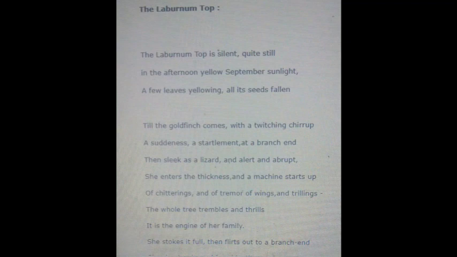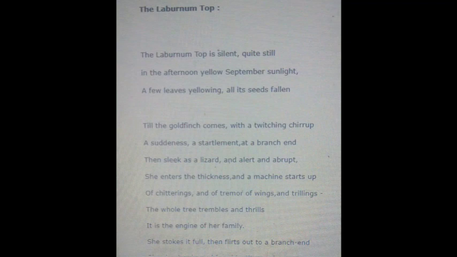So the laburnum top is silent. The poet describes a very beautiful scene. What is laburnum? Laburnum is a tree, and its top means the upper part of this tree is very silent and quite still. It is absolutely not moving, you can say.